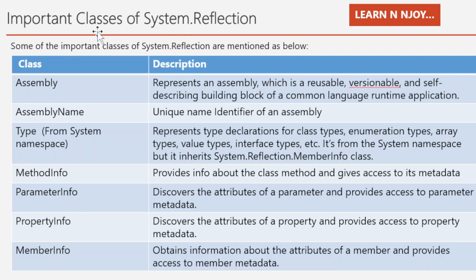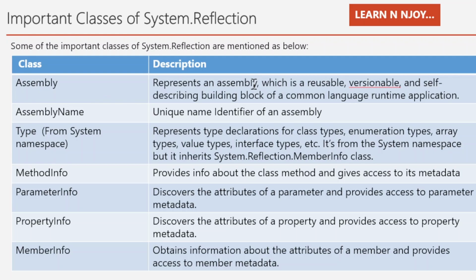Type is not from System.Reflection, it is from the System namespace, but it inherits the System.Reflection.MemberInfo class. And it is very important to know the declaration for types, whether it's a class type, an enumeration type, array type, value type, or interface type, right? So if you want to get the type, then we can use this Type class.